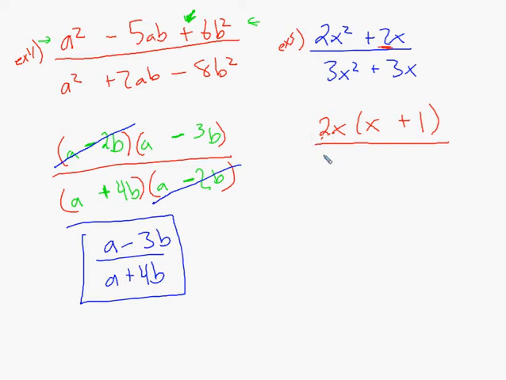Oh, okay. Right? And in the denominator, I can factor out 3x, and you get x plus 1. So what cancels? X plus 1's cancel, and the x's cancel, 2 over 3. Or 0.75.